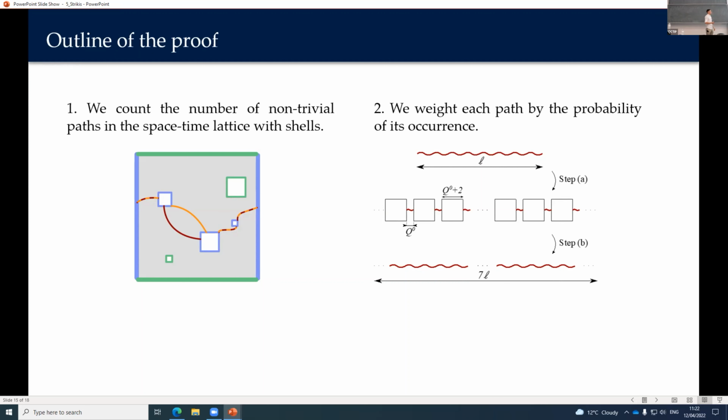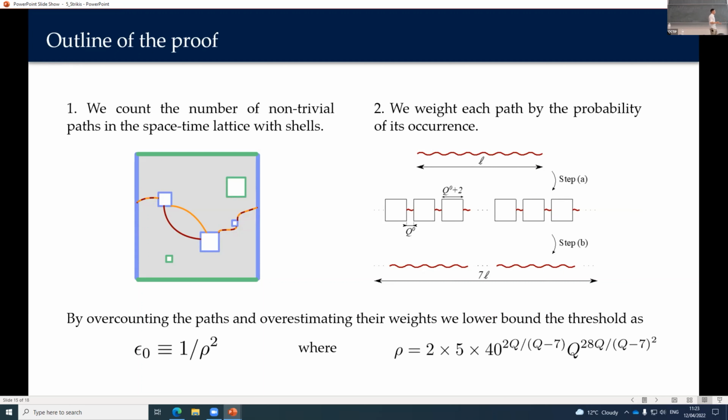We can do some overcounting arguments, because we don't want to consider every single configuration of these shells on the lattice. We try to consider really worst case scenarios of the configurations of the shells along every single path. Actually, we consider such worst case scenarios that they're way worse than practically possible.